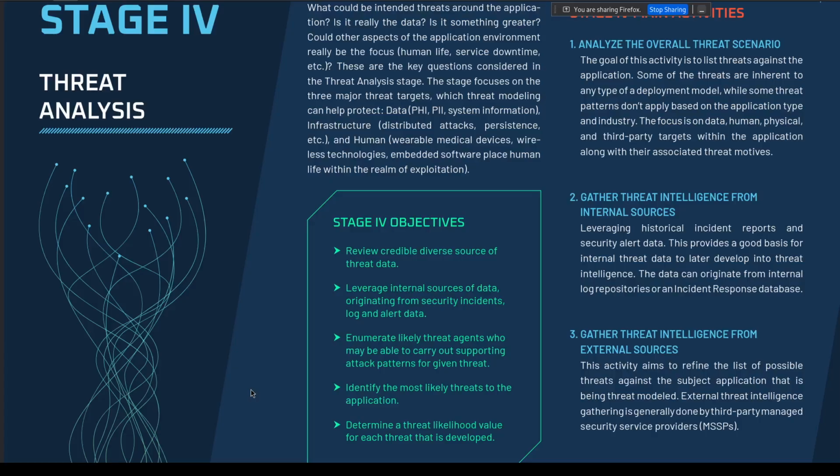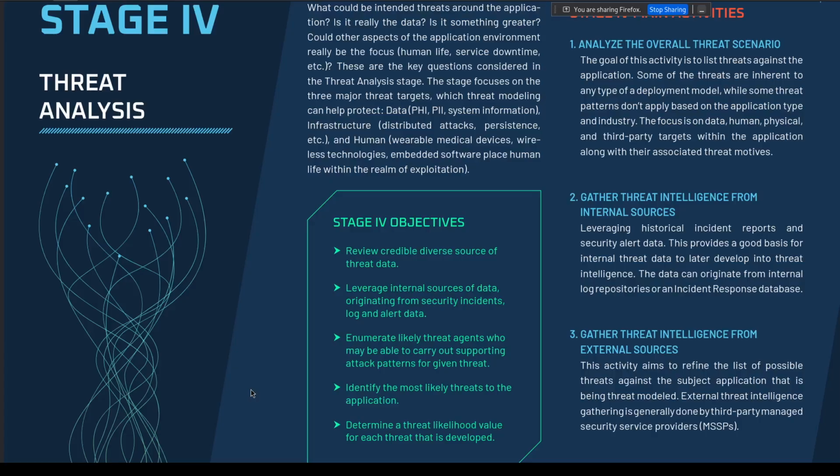So you can use that as intel in order to feed your threat analysis further. So let's say that there was a threat previously in an application that an attacker was able to escalate from one user level to another user level. So we have to add those specific threats into our overall threat analysis.